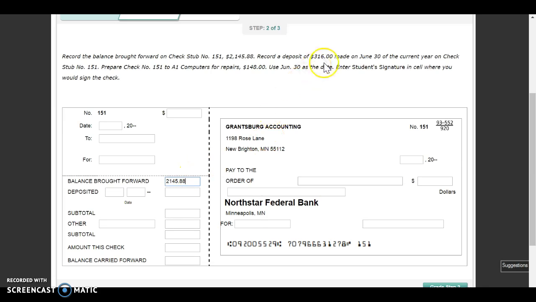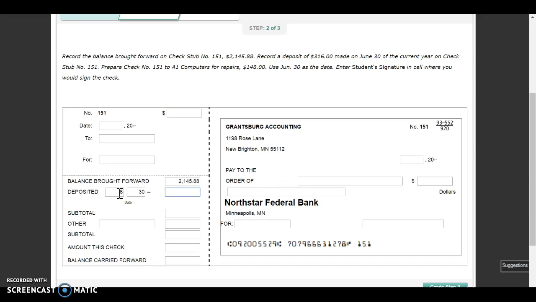Now it says I need to record my deposit. And I have a deposit that I made on June 30th for $316. So first thing I'm going to do is put in my date. We're going to put June as month. I guess you can't type it. So we're going to put 6/30.